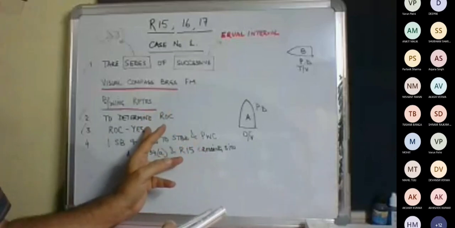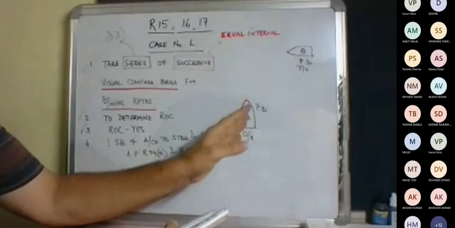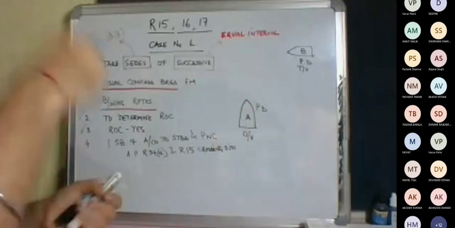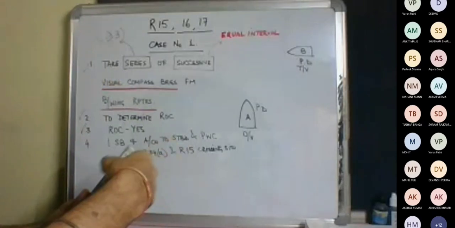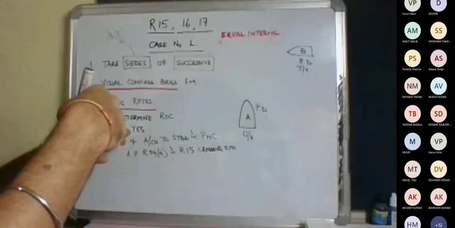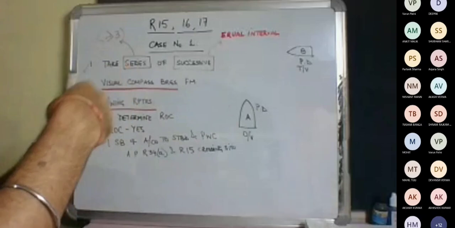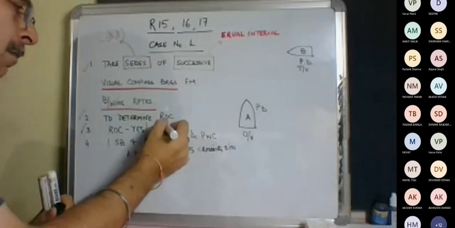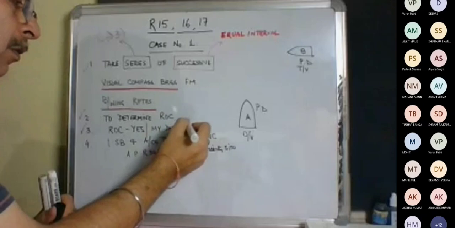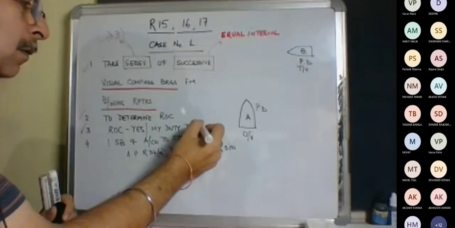Let's say risk of collision is yes. My duty to keep clear. You have to tell your duty. If risk of collision is yes, it's my duty to keep clear.